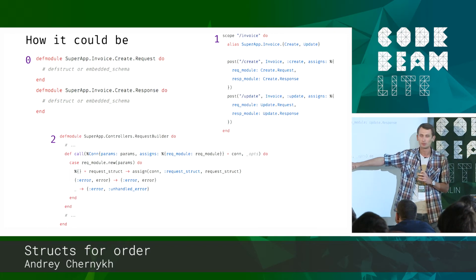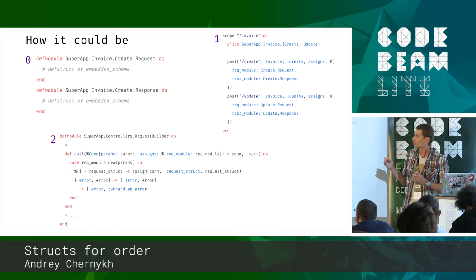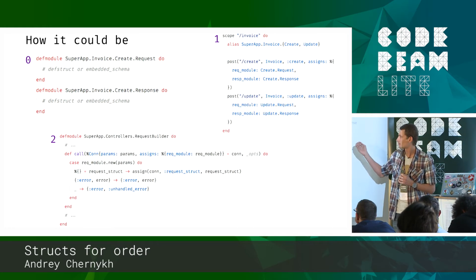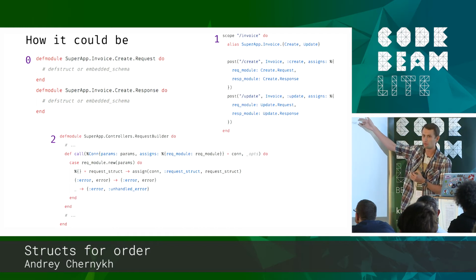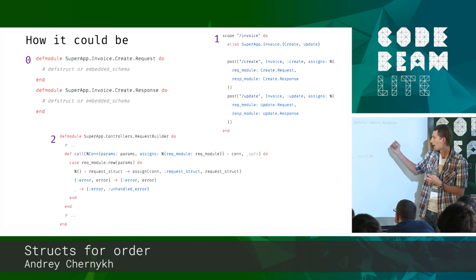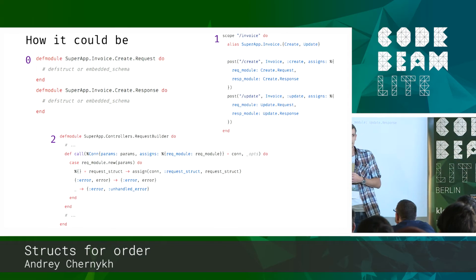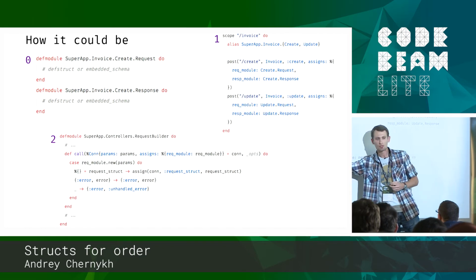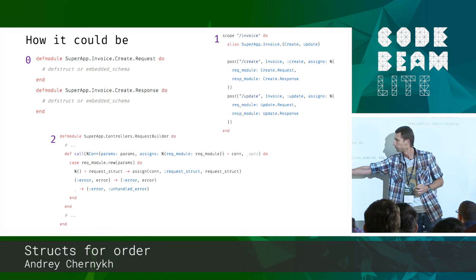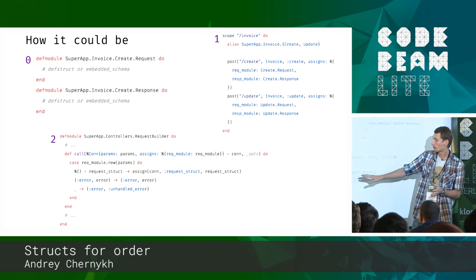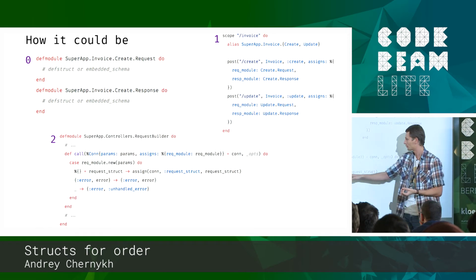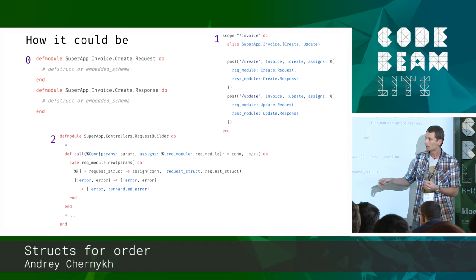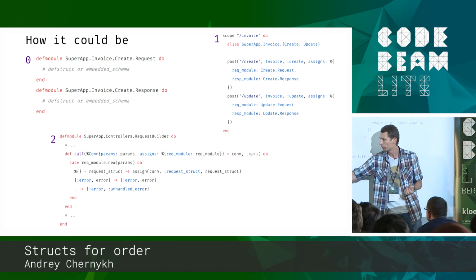It's a simple plug which takes, with every request, this pair of modules and invokes the constructor on request module. If everything is okay, we assign the structure with data itself to the connection. If something went wrong, we just return an error tuple.